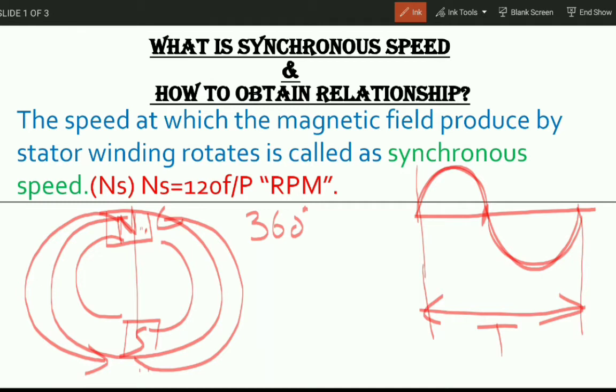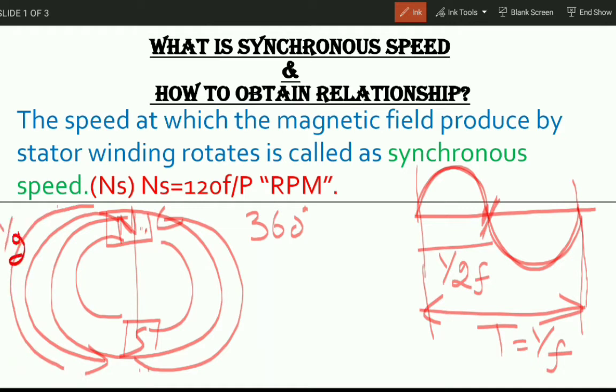The time taken for one complete cycle is T, that is 1 by f. To complete the half, how much time is taken? 1 by 2f. So for this north to come here it takes 1 by 2f time, and to go back here it takes 1 by 2f time, to complete 360 degrees, that is one revolution.